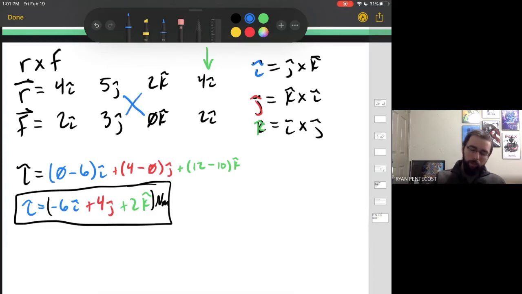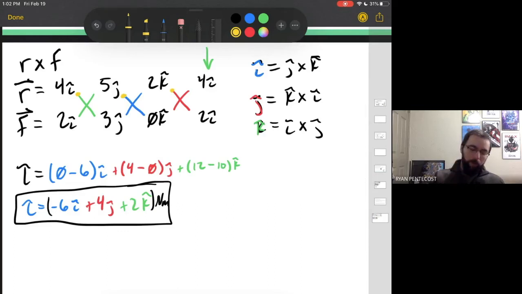Just like when we move to the next one, we do k cross i: k to i first, then i to k. Then for the next one, i to j first, then j to i. But you can't go backwards and do F to R. You have to do R first. This has to be your starting point on your crosses, if that makes sense.